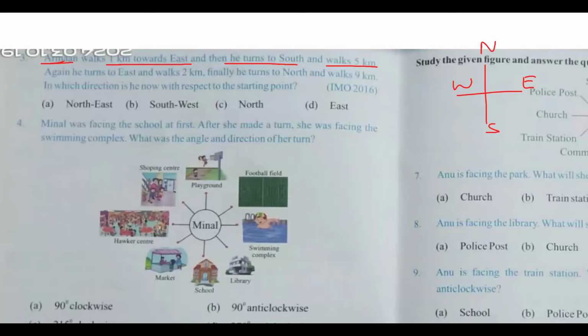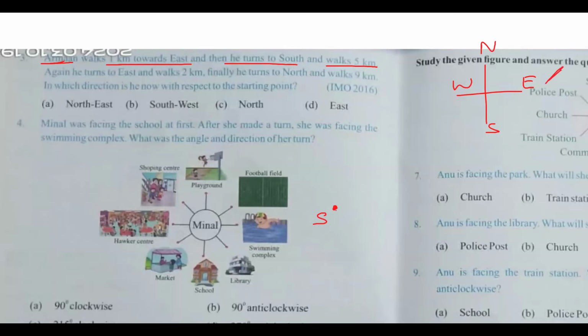Yes, Inaya, so what we'll do, let us take this point as the starting point. We'll start from a point and name this point as S. The first instruction is Arman walks 1 kilometer towards east. So we'll see which is the east direction, towards the right hand side.